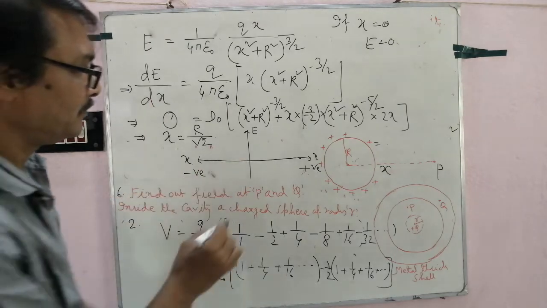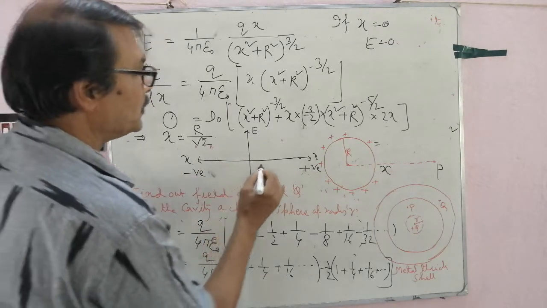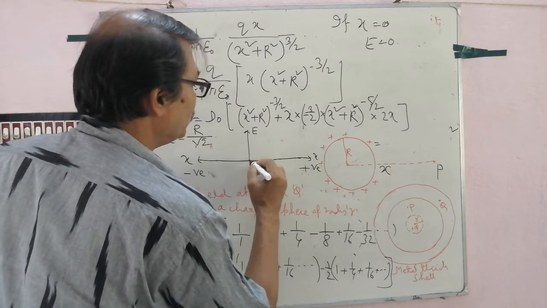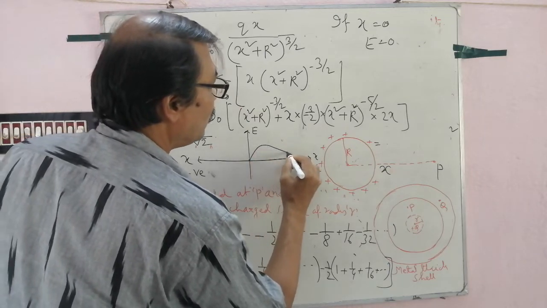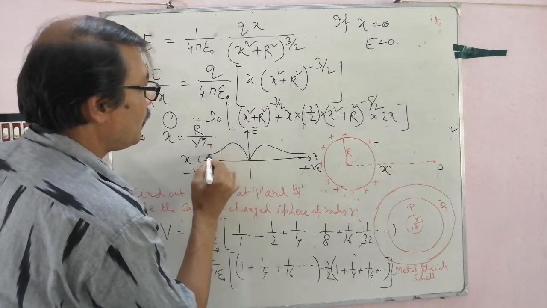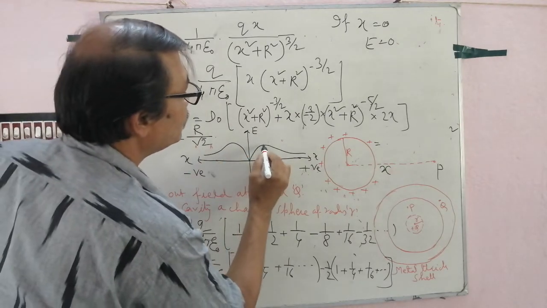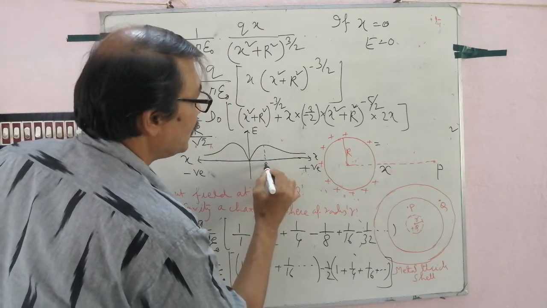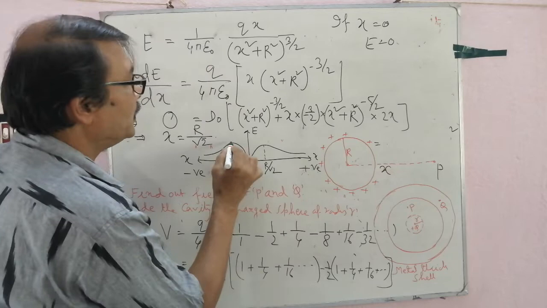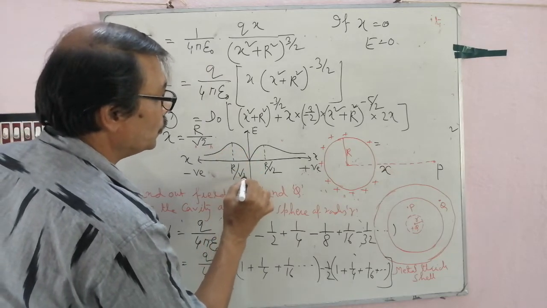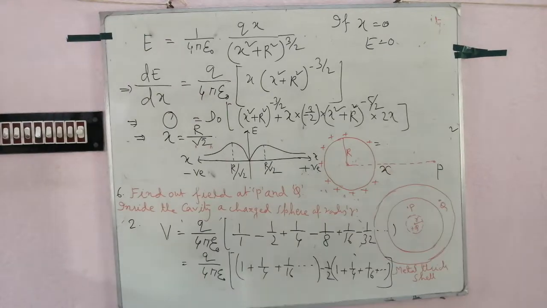At the center 0, at a distance r/√2, here also r/√2. Very important.